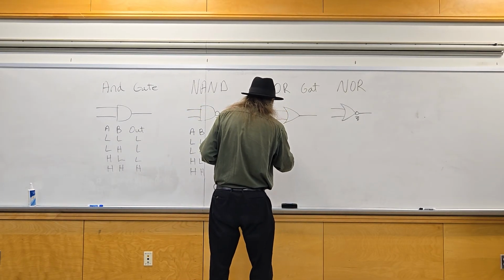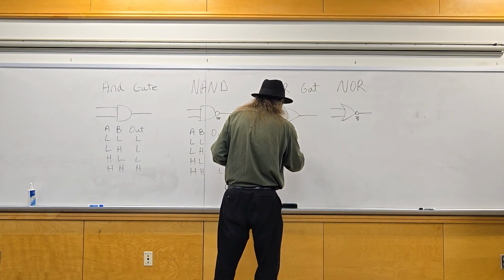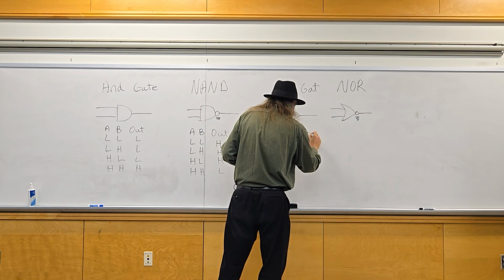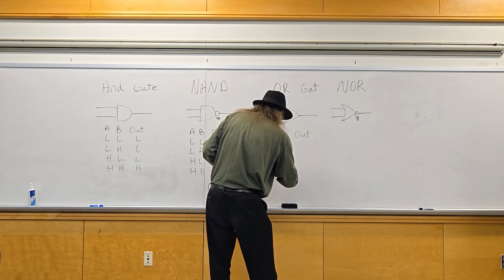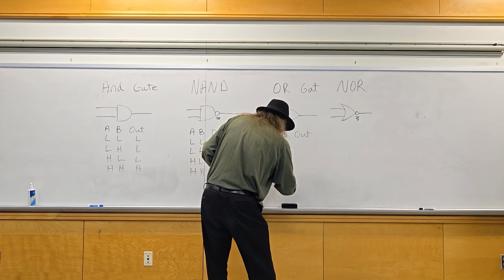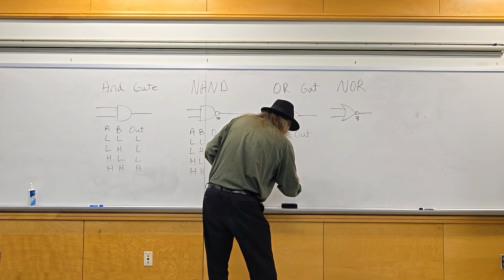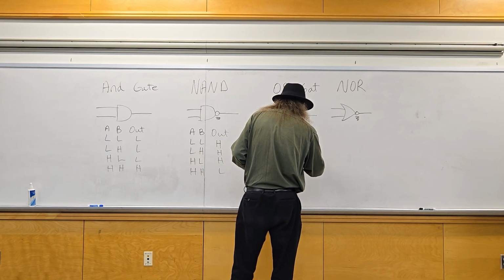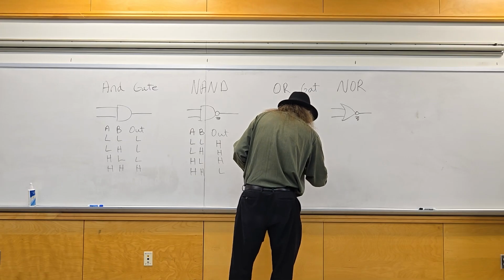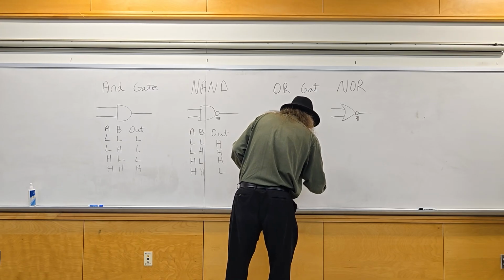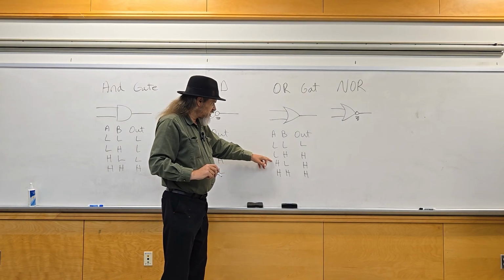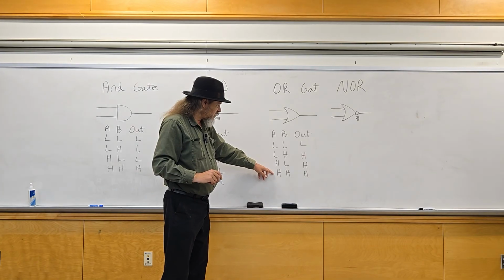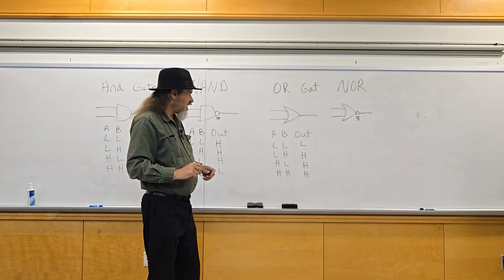So the state table: either A or B are high, or both are high, the output is high.